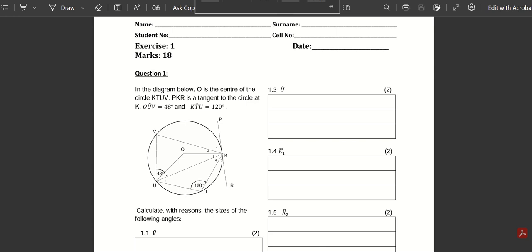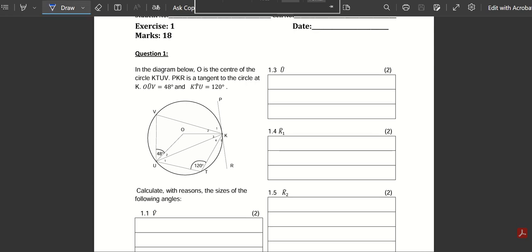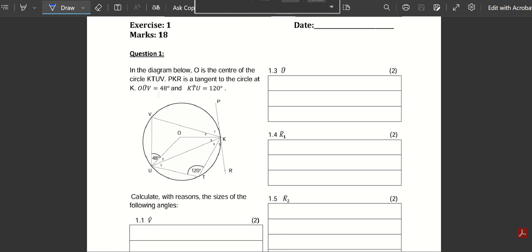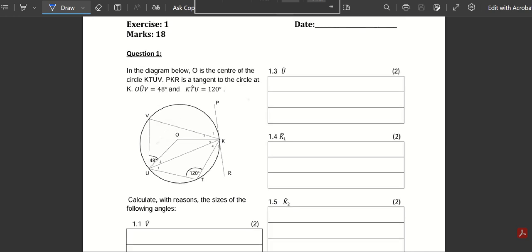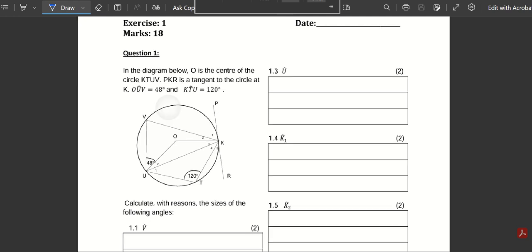All right, so here, exercise 1, there's 18 marks available. So I'm going to read the following information. I would like you guys to follow and make notes as you feel fitting. In the diagram below, O is the center of the circle KTUV.